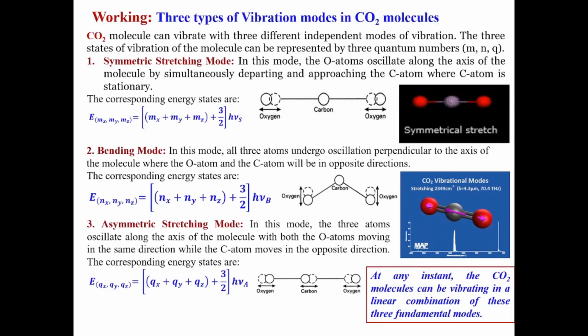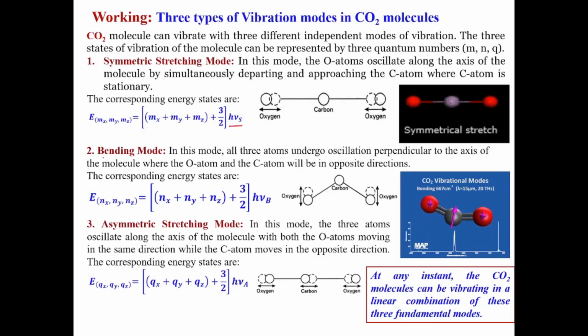This can also be written as h cross omega s, where omega is the angular frequency. h cross is h by 2 pi, and omega is 2 pi by Ts. The 2 pi cancels, so h into 1 by Ts is nothing but the frequency. So here I have written it in the form of h nu.